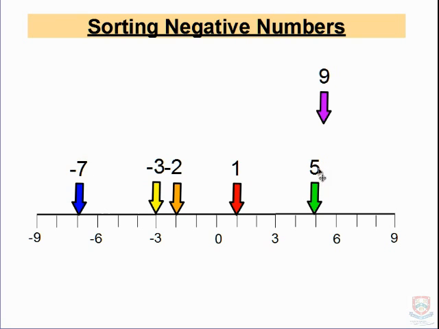But in the whole context of all numbers, negative 7 is much smaller than negative 3. In the same way, a positive 9 is a much bigger number, as it is the furthest number of all of ours away from 0. Now we've put all of our numbers on the number line, we can see in order from smallest to biggest we have negative 7, negative 3, negative 2, 1, 5 and 9.